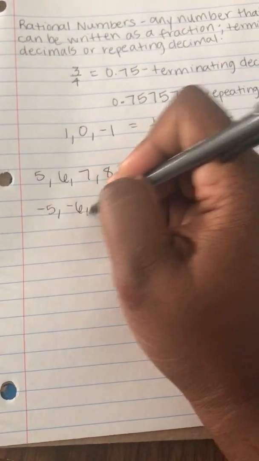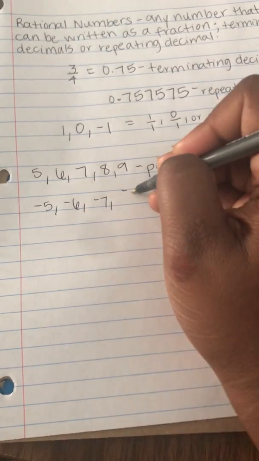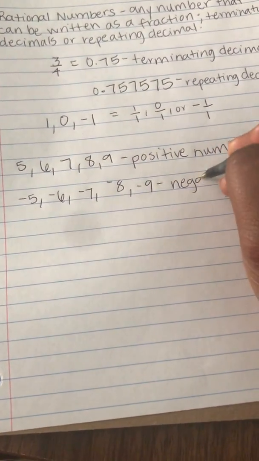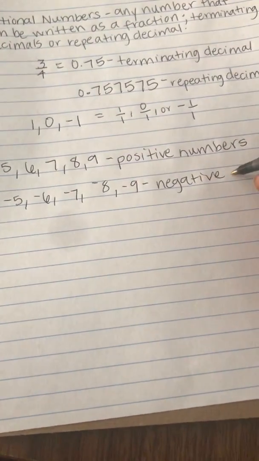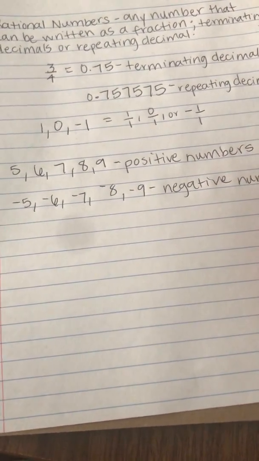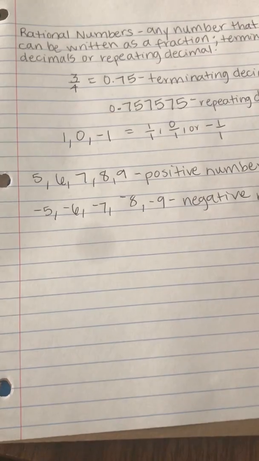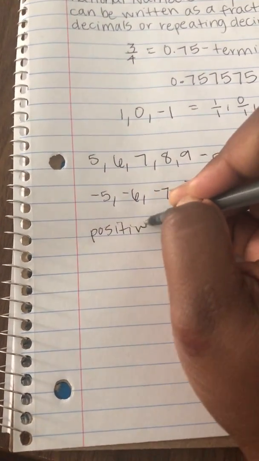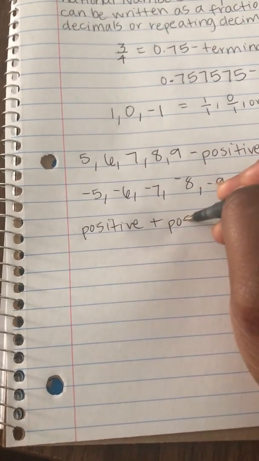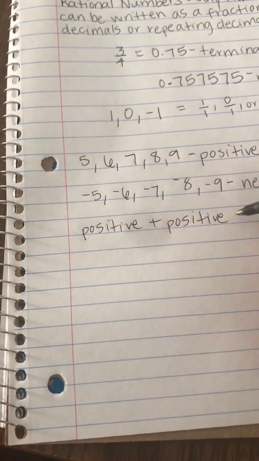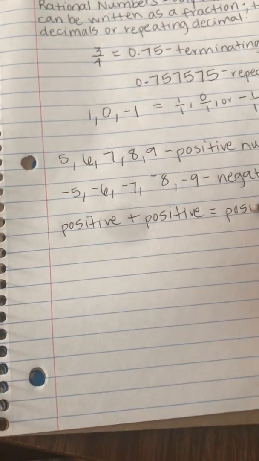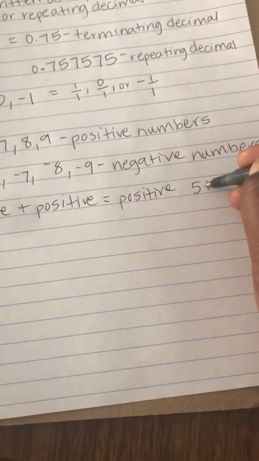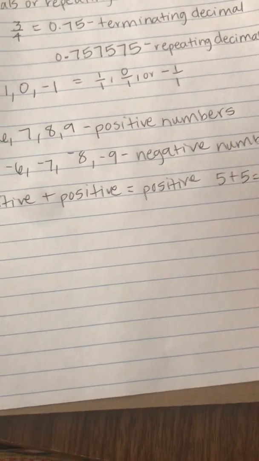They all have negative signs. So we all know that a positive plus a positive equals a positive. For example, 5 plus 5 is going to equal 10.